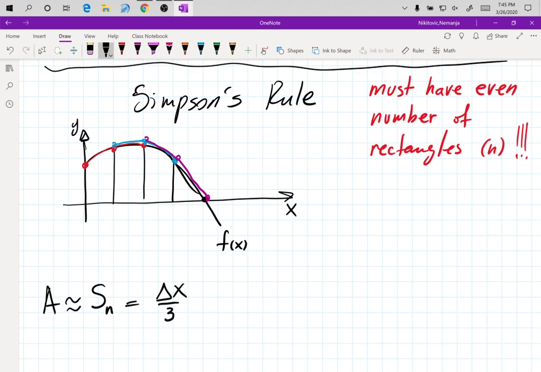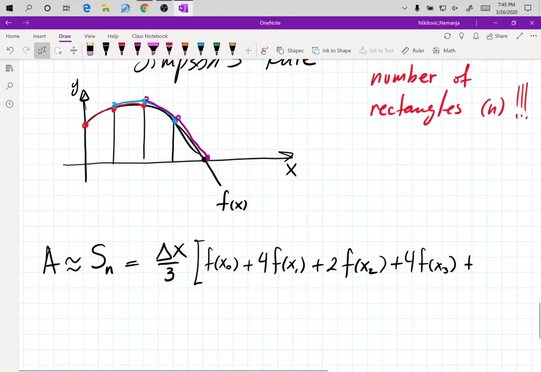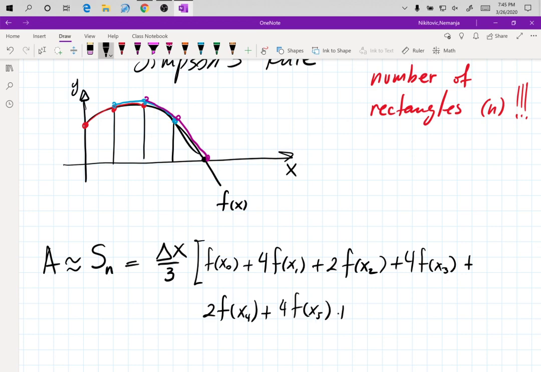Delta x over 3, and the pattern you have inside is f of x0 plus 4 f of x1 plus 2 f of x2 plus 4 f of x3 plus 2 f of x4 plus 4 f of x5 plus dot dot dot plus 4 f of x n minus 1 plus a single of the last one.